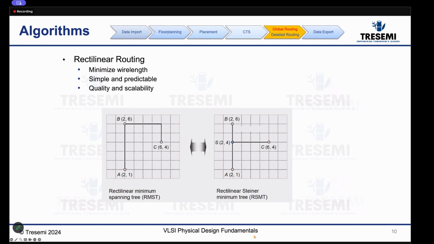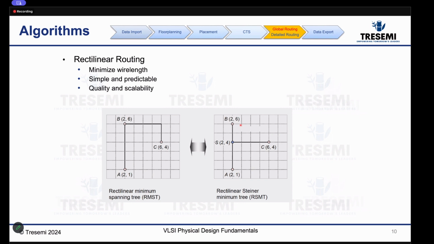So one way is, instead of looking at the whole net and trying to minimize it, it's a trade-off between the wire length and the timing, right?